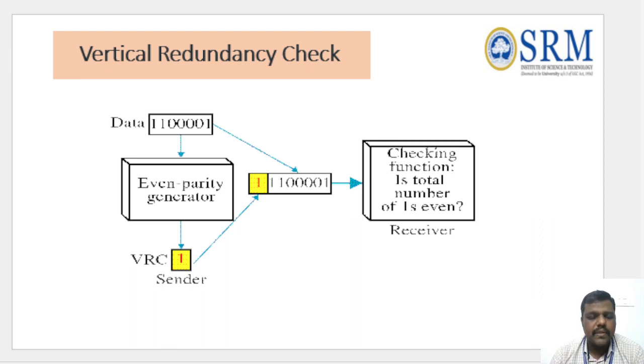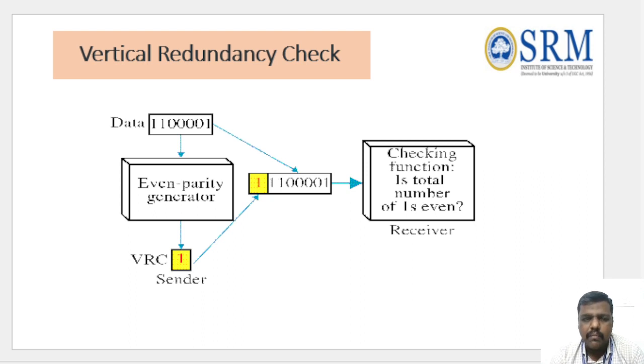The data we are getting from the user is 11000001. There we will have an even parity generator, which will find how many ones are there in the original data.